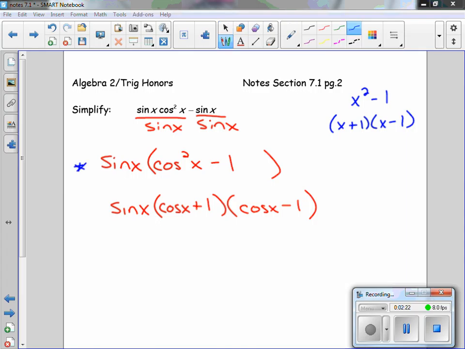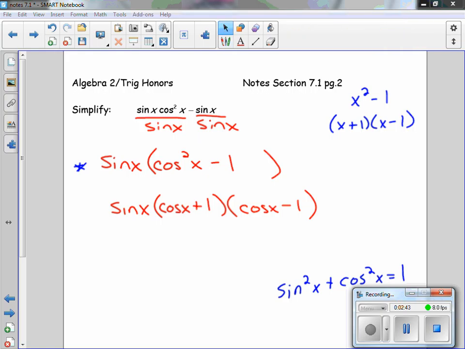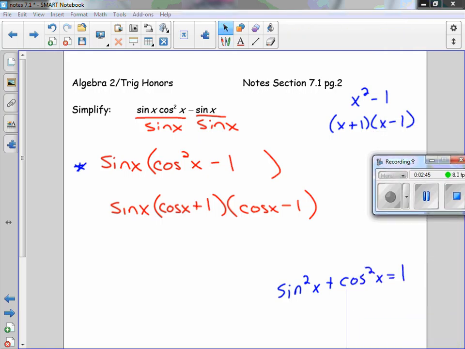We just talked about how the sine squared plus the cosine squared is equal to 1, right? So this Pythagorean identity right here. Well, if we're dealing with that, what we could do is rearrange this, because this has both a cosine squared in it and a 1, right? So it's cosine squared minus 1.